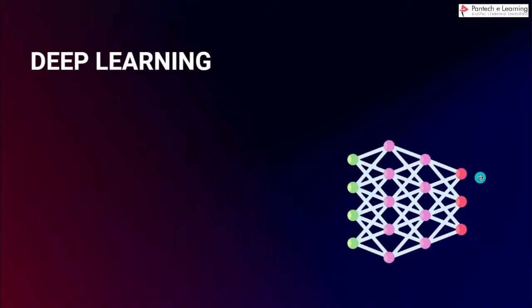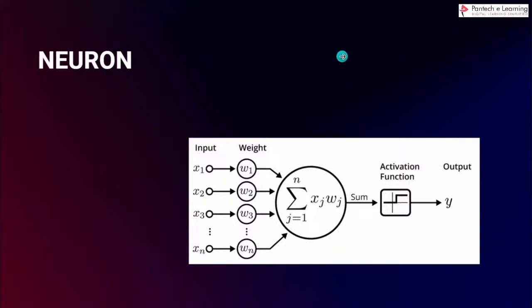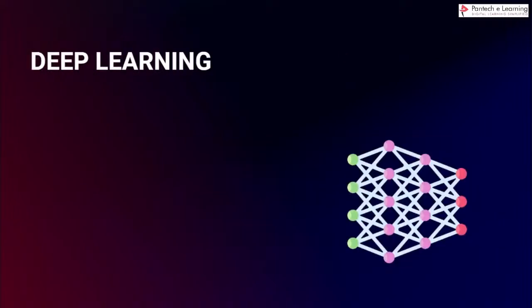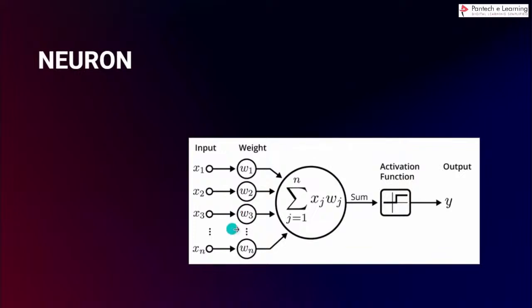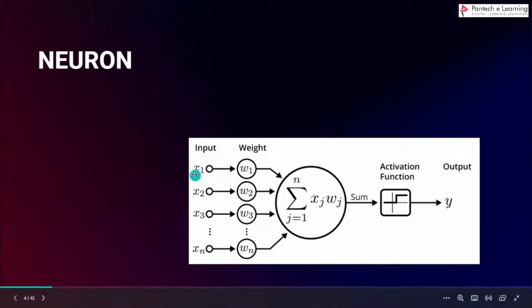We'll discuss that, starting with a neuron. This is what a neuron looks like. Here we have a neural network, but when you go inside the network, you see each neuron. This is the architecture of a neuron, where you have a lot of different inputs, and these inputs are given some weight.